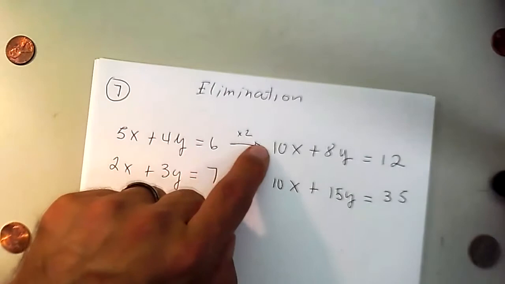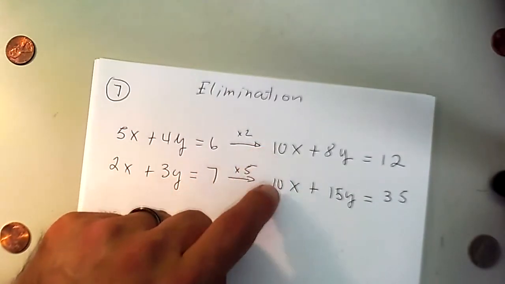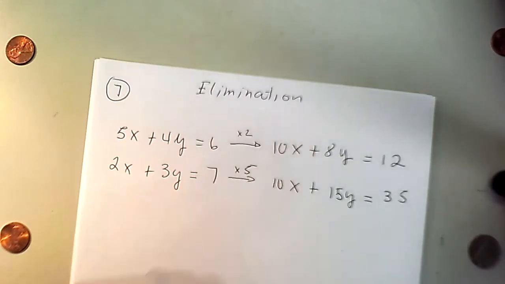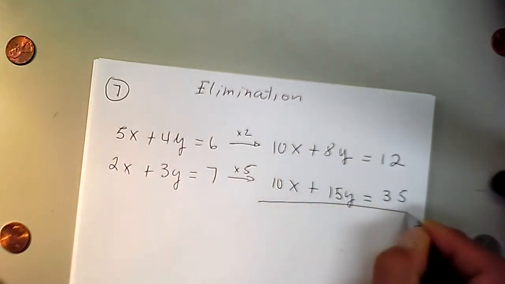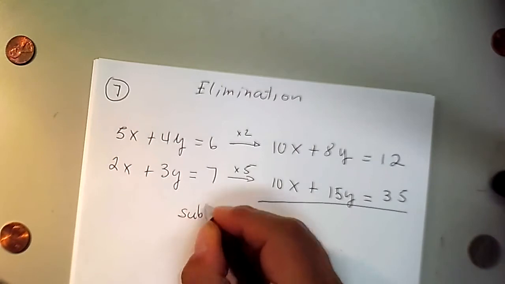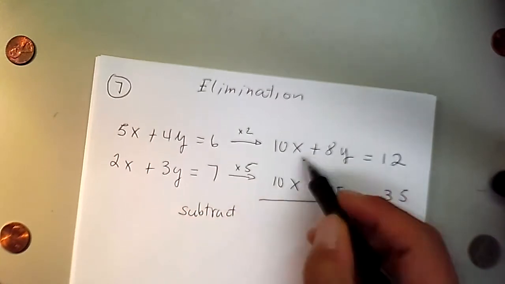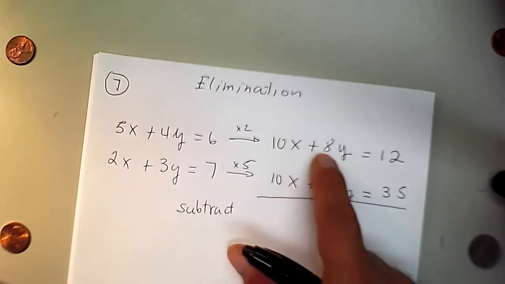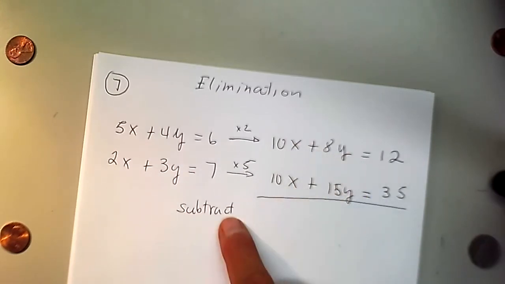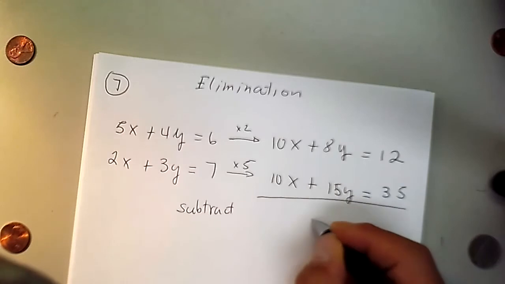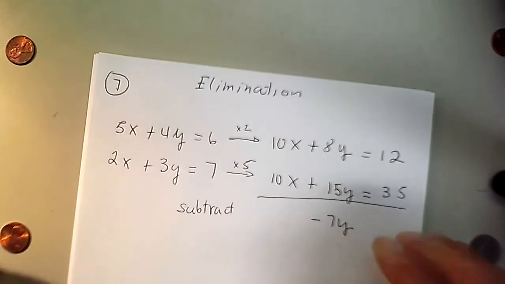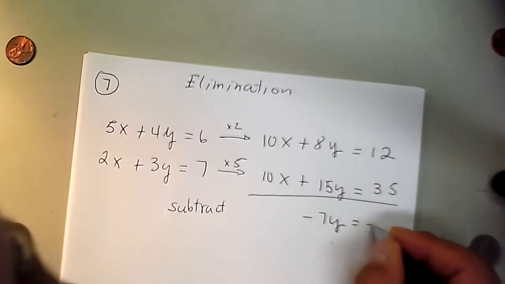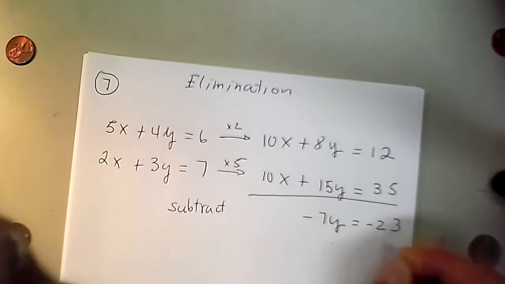Now that coefficient has a 2 and a 5, that coefficient has a 2 and a 5. Of course, they are the same coefficient, so now we can subtract the equations. 10x minus 10x, no x. 8y minus 15y, negative 7y. 12 minus 35, negative 23.